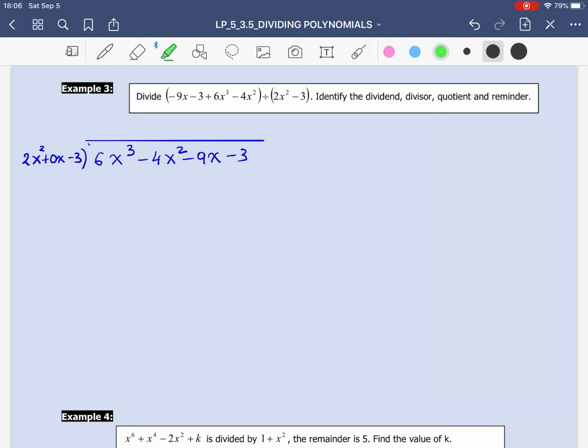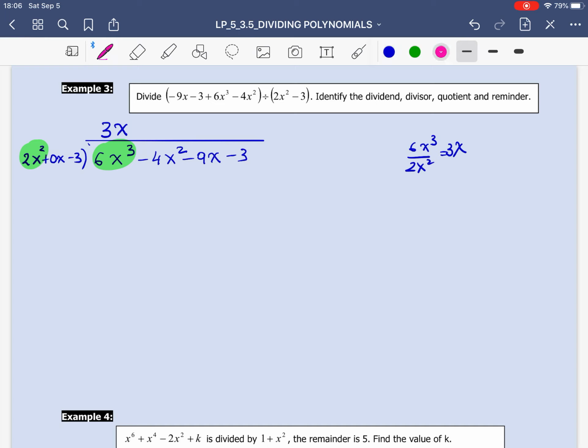So again, we are going to take a look at the first term in the divisor and the first term in the polynomial, or the dividend. And we'll say that 6x cubed divided by 2x squared equals 3x. So 3x times.